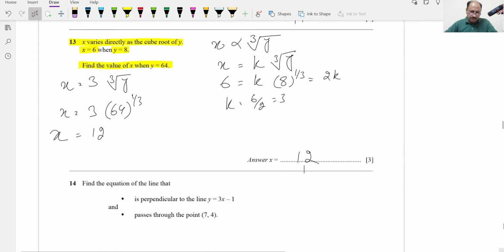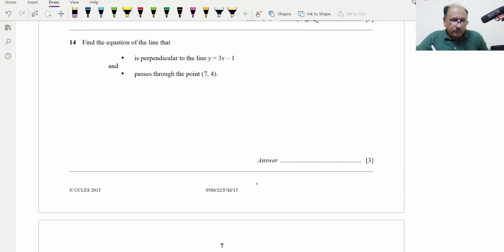This is 3-mark question which we have done. Question number 14. Find the equation of line that is perpendicular to the line y is equal to 3x minus 1 and passes through the given point. So the point is also given, and we will be utilizing this line. The gradient of this given line is what?